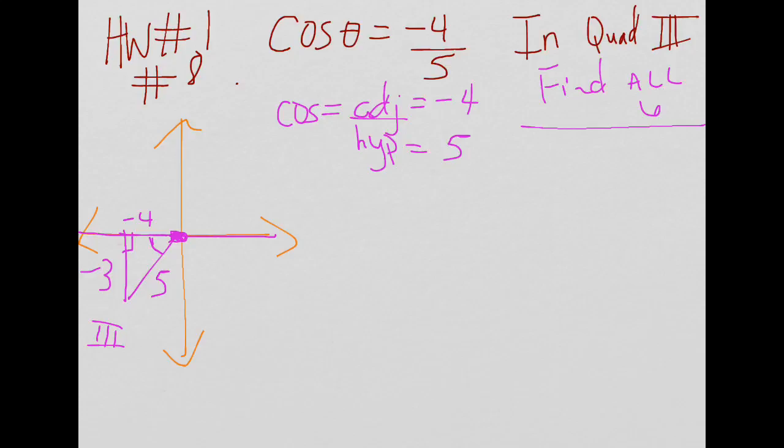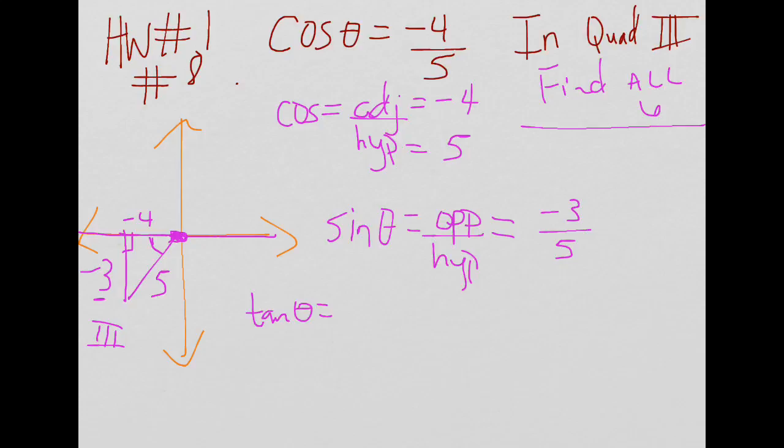So now it's just a matter of, can you remember SOHCAHTOA for the sine and tangent? So sine theta, sine is what? Opposite over hypotenuse. The opposite side is -3 over the hypotenuse, which is 5. Then the tangent is what?